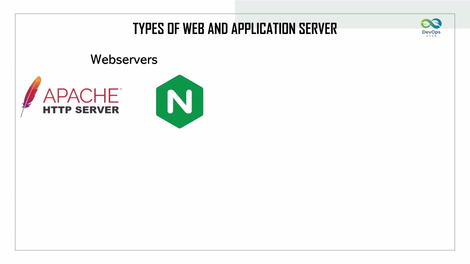If anybody's trying to access your website, it's going to be the first point of call, and then your Nginx can redirect the traffic to servers that you configure behind the Nginx web server. So it can act as a reverse proxy, and it does that very well.